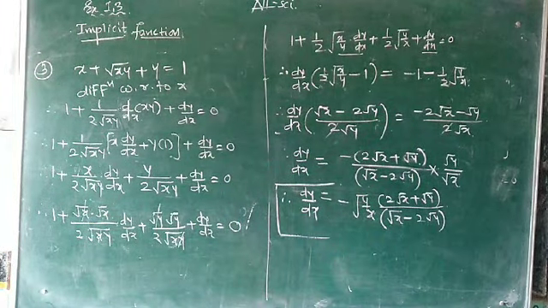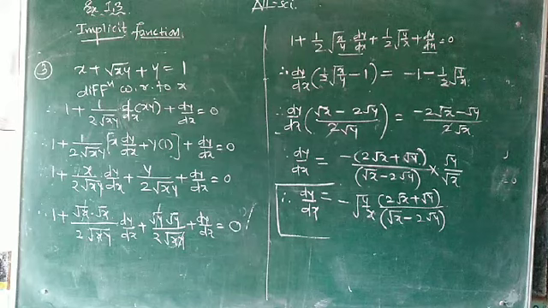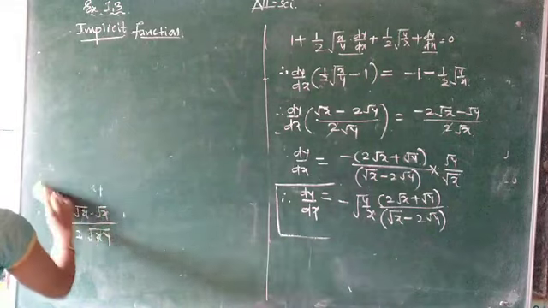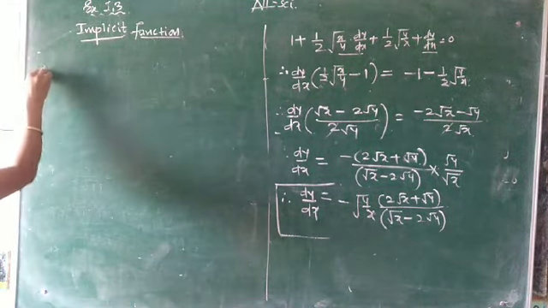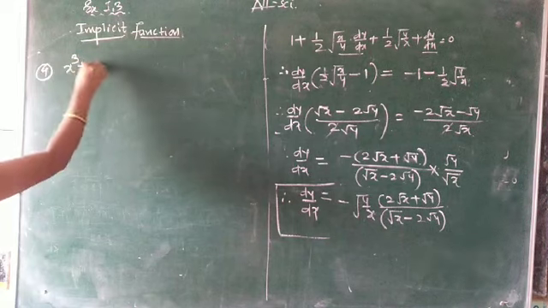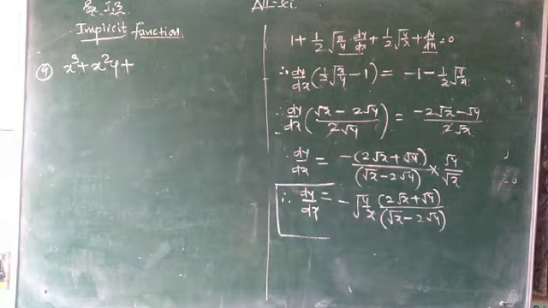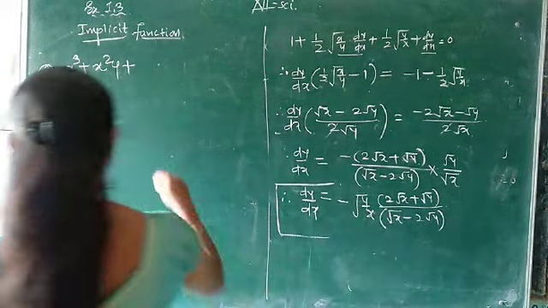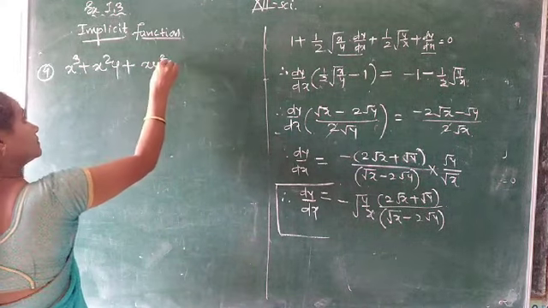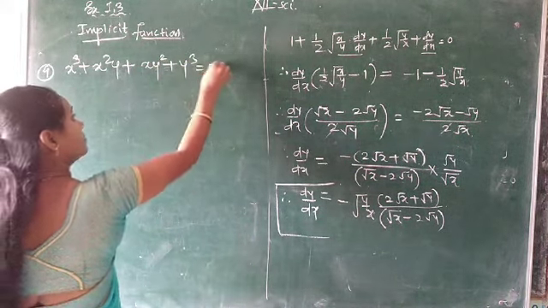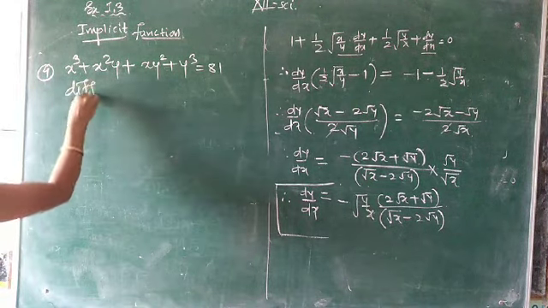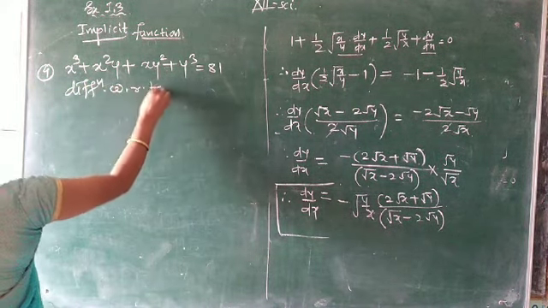Now see next question, question number 4 here. x cube plus x square y plus xy square plus y cube is equal to 81. Differentiate with respect to x.